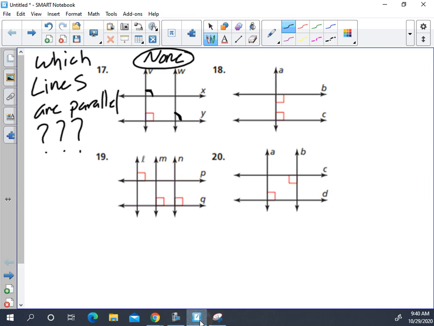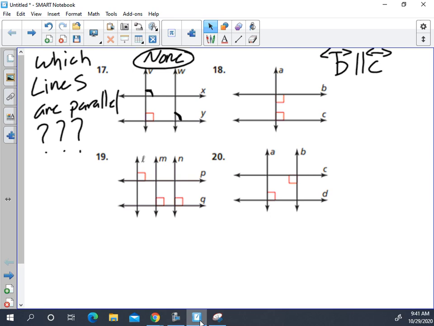They're both perpendicular to A, so line B is parallel to line C. And if you think they're consecutive interior, they have to add up to 180. They're not equal. If this is 90, then this angle has to be 90, and this angle is corresponding with this angle. So just by that, those are parallel.